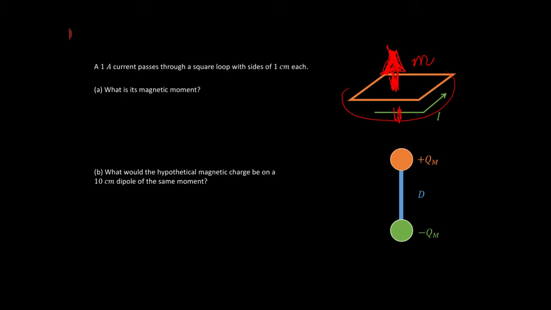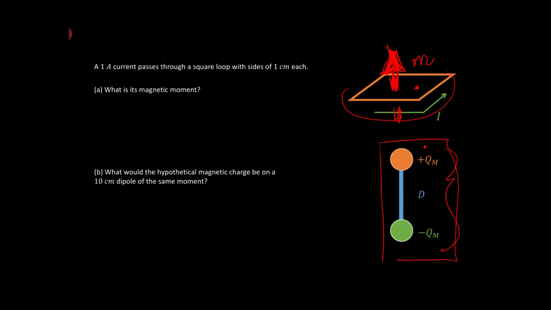So this is in contradistinction, remember, to the electric dipole moment instead of the magnetic dipole moment, which had charges on either side. But sometimes it's going to be useful to pretend that your dipole is a physical dipole like this rather than a current dipole.